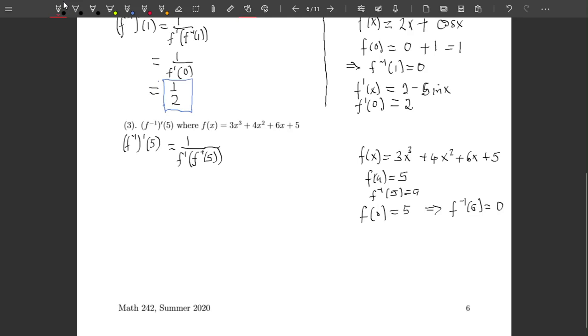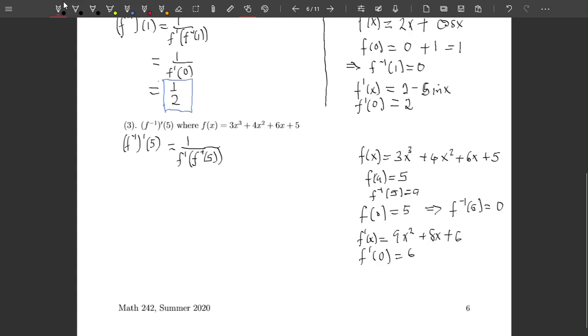The next thing we need to do is to find the derivative of f of x. So we find that f prime of x would be 9x squared plus 4x, this should be 8x, plus 6. And f prime of 0 would be 6. So now we have f prime and we have f inverse.